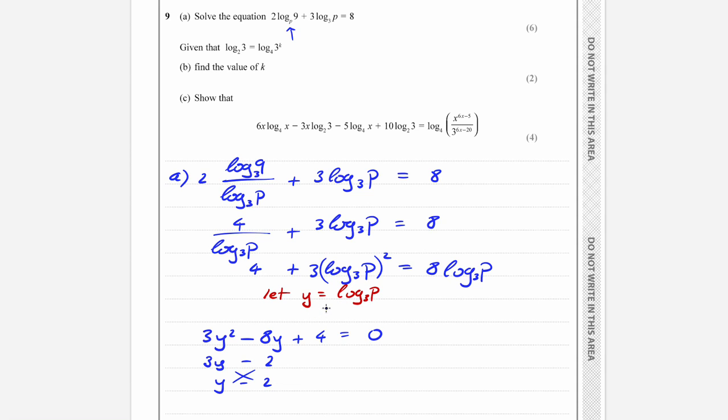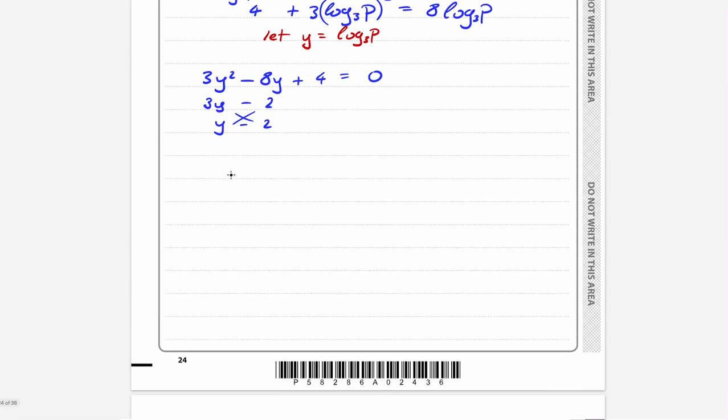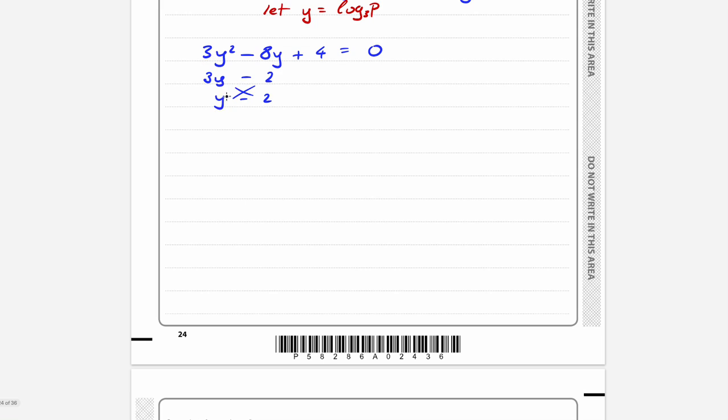Okay, then I can say that either 3y minus 2 equals 0, y equals 2 over 3, or y minus 2 equals 0, y equals 2.